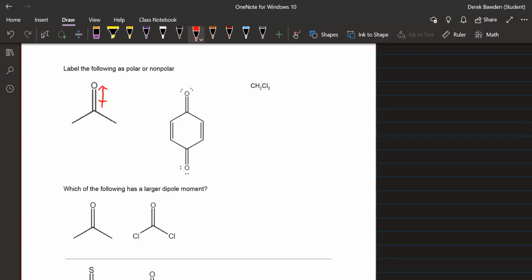Is there anything which is pulling the opposite direction to cancel out that pull? No, right? So this one is polar. Again, with this one, we've got oxygen pulling this way, oxygen pulling this way. Because those are in exactly opposite directions, they cancel each other out, making this one non-polar.